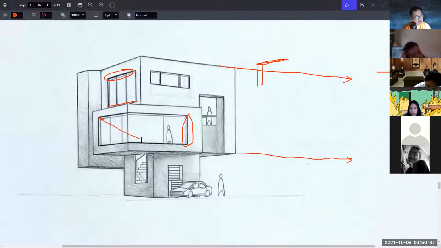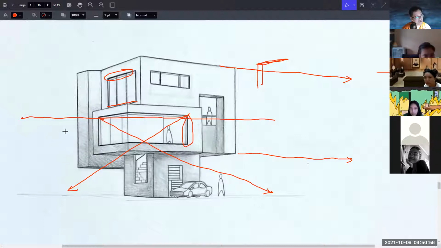Pero ito kasi naka-angle, pupunta siya dito. Okay? Take note of these details. Like that line here, it's going there. Dapat, pag ganun. Kasi this is the y-axis pala. Pag ganun dapat.